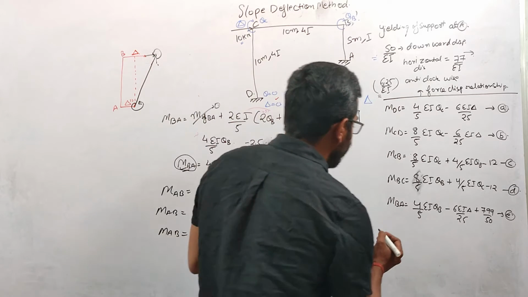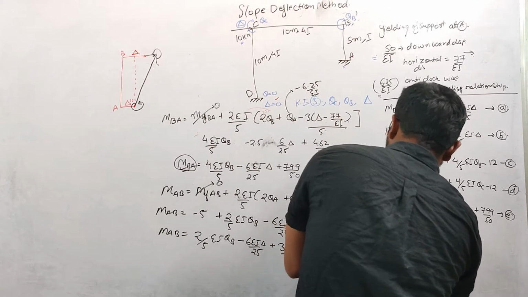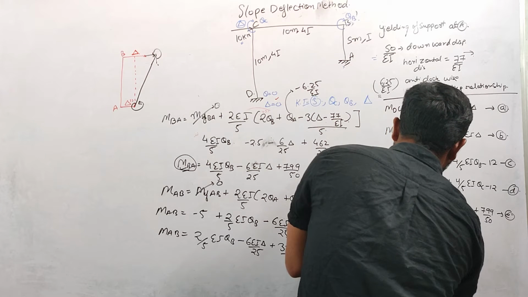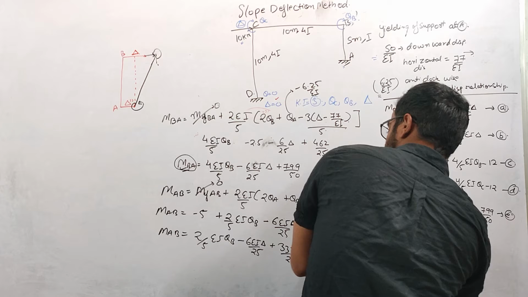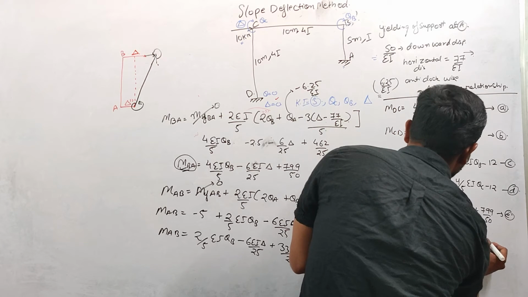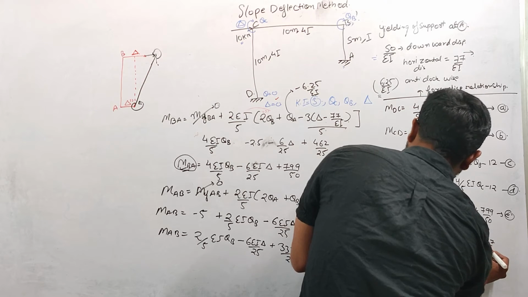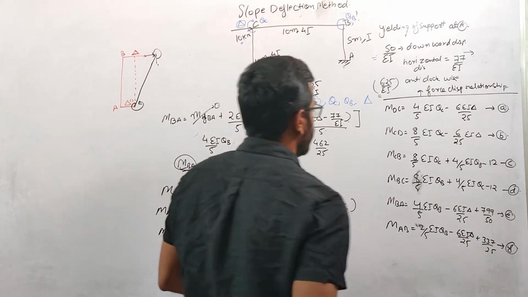So again the value of MAB will be equal to 2 by 5 EI theta B minus 6 EI delta over 25 plus 337 over 25. Let us term this equation as F.